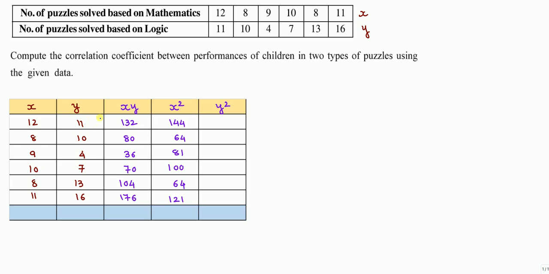Now squaring y: 11 square 121, then 10 square 100, 4 square 16, 7 square 49, 13 square 169 and 16 square 256.